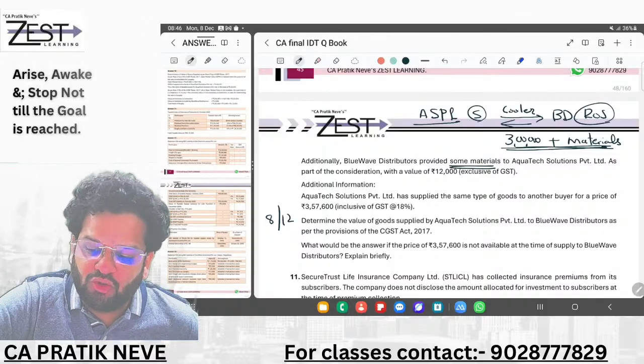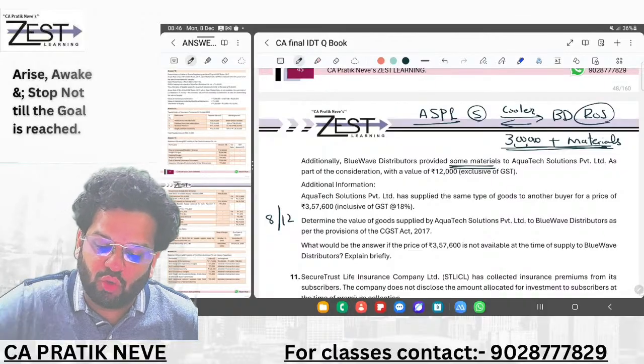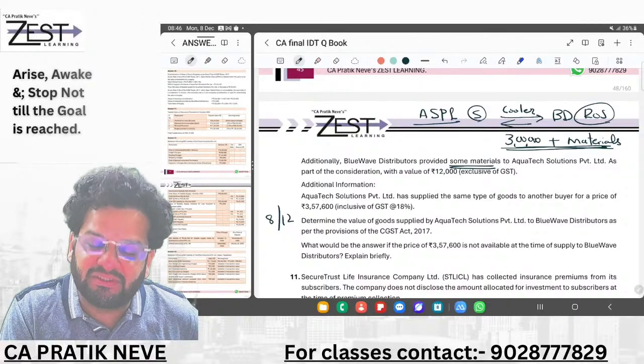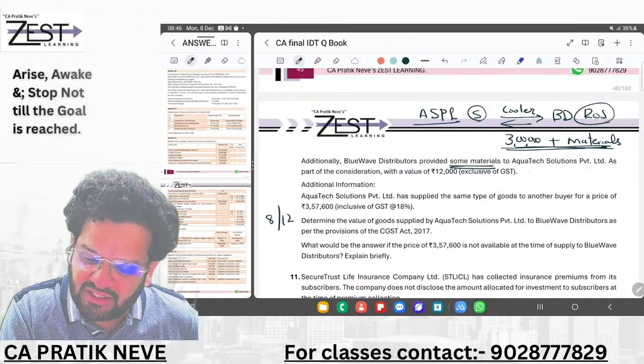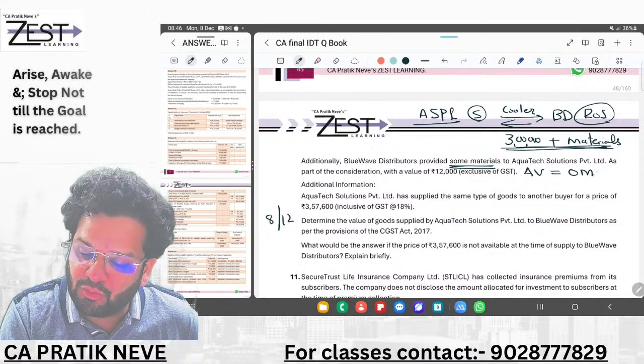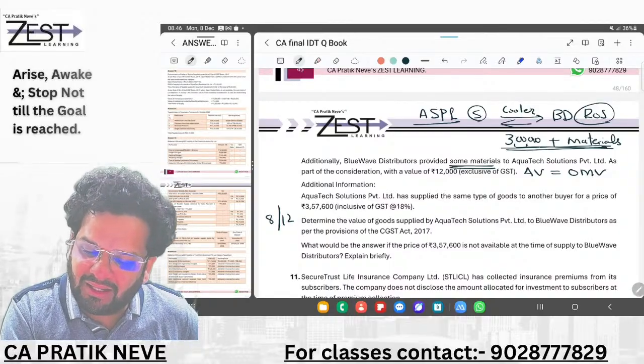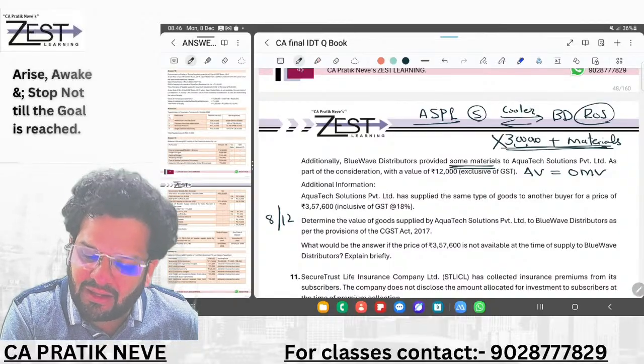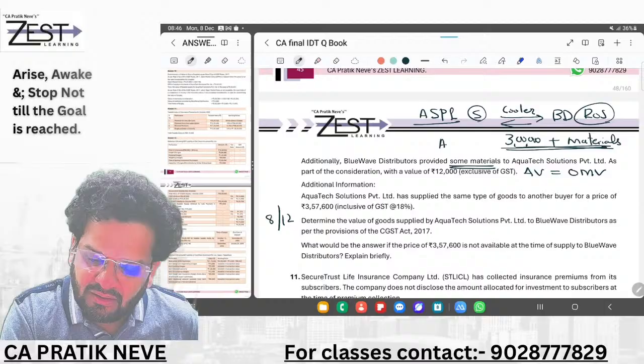So price is not sole consideration. Where price is not sole consideration, assessable value is open market value. So you can't take 3 lakh as assessable value. So AV is not 3 lakh.